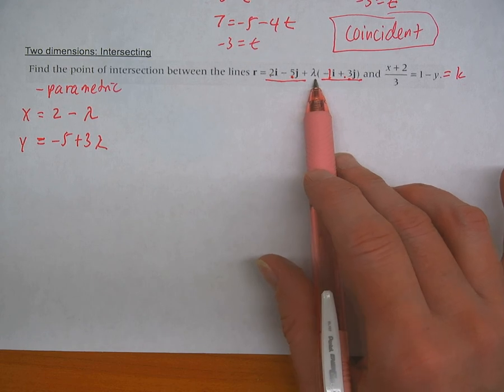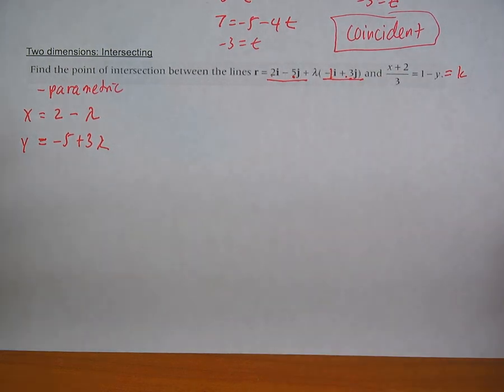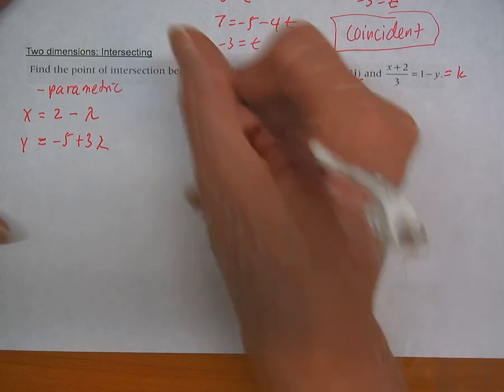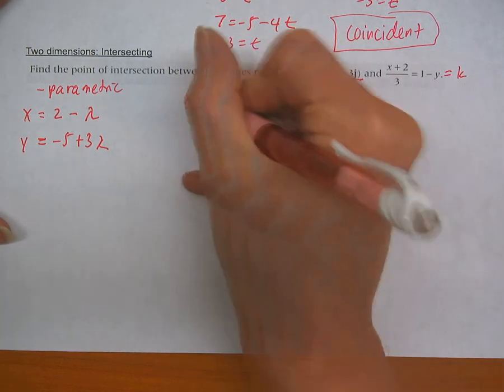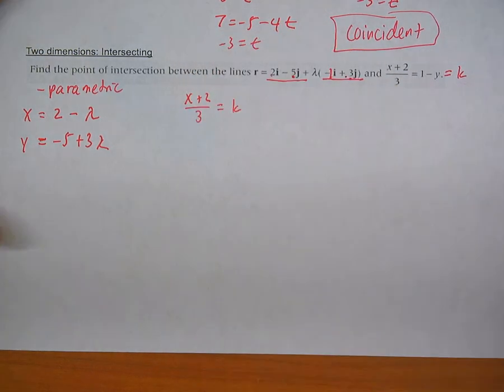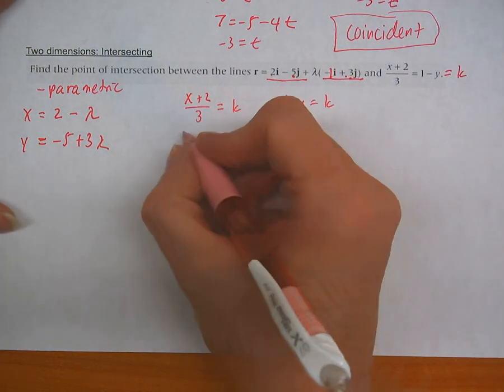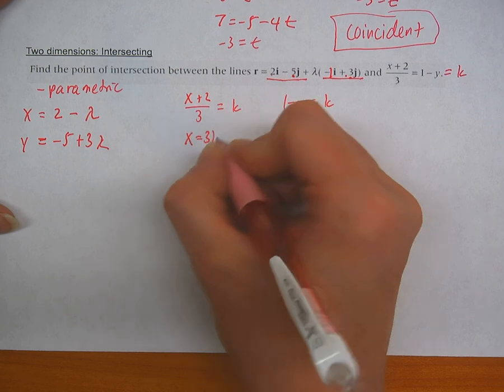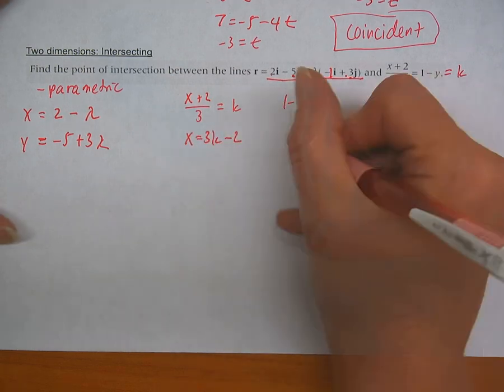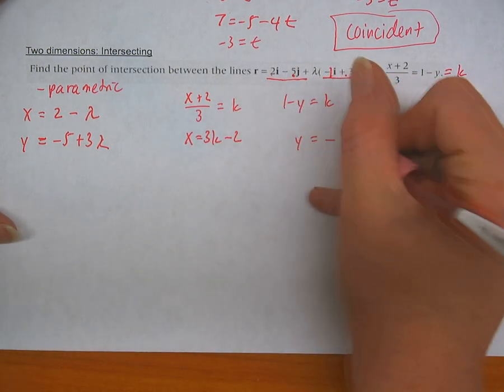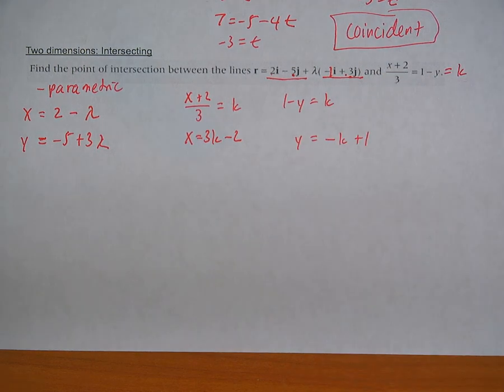You want it to be a different parameter. And so now we're going to get x alone and y alone. Okay, so I'm going to get x alone. So x equals 3k minus 2, and y equals -k plus 1.